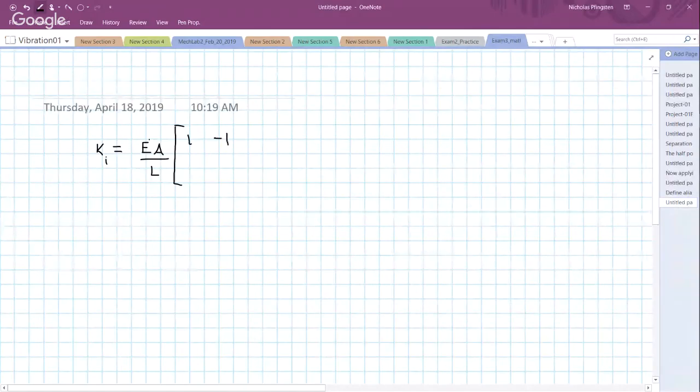I could use i and j, but I'm trying to keep it easy. Well, let's just use 1. So let's say the nodes for the element that we're looking at. Let's just look at one of these in this problem. So let's look at element 1. We'll put a 1 here, and we'll put a 4 here. Okay? That's really that element.